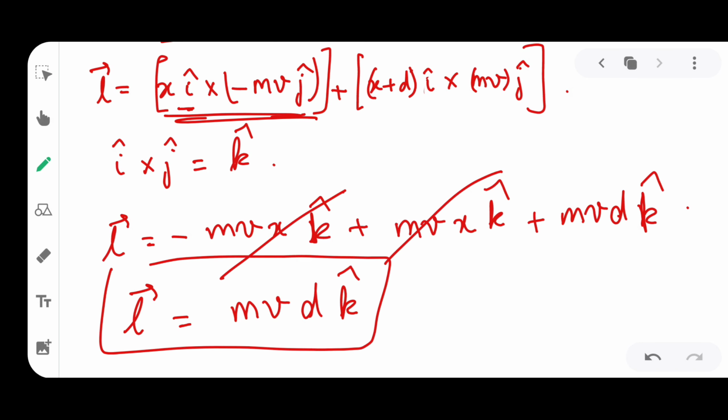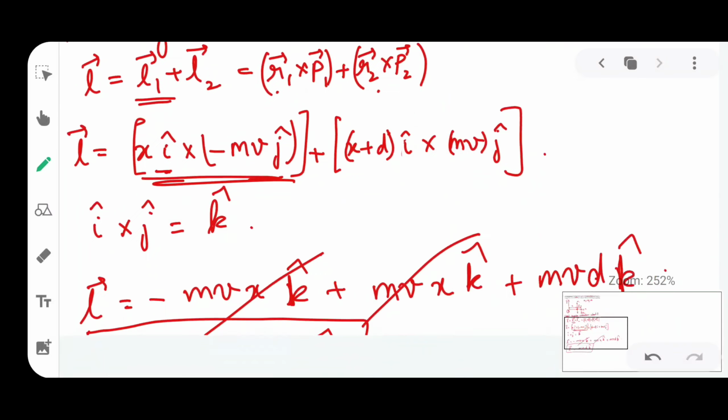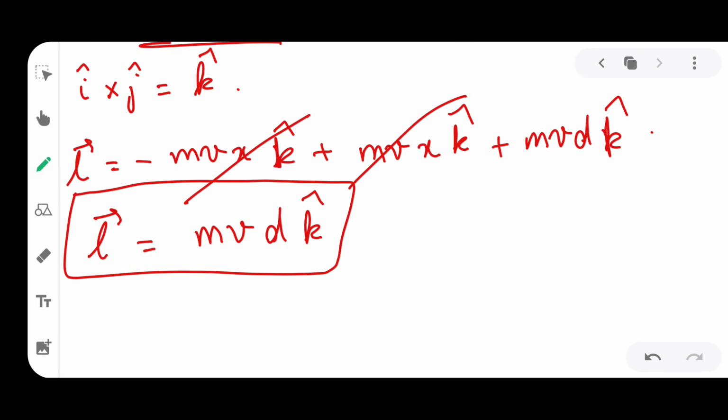Now you can see from this that whatever axis you choose, whether from the point O, or whether you fix this as the origin or that as the origin or any other point as the origin, the angular momentum will not change, because the angular momentum depends upon the mass, the velocity and d. d is the distance between the two particles, and this is not going to change no matter what axis or origin you consider. So the angular momentum remains constant.